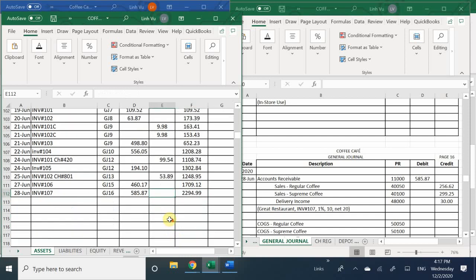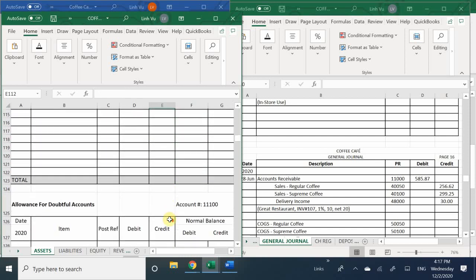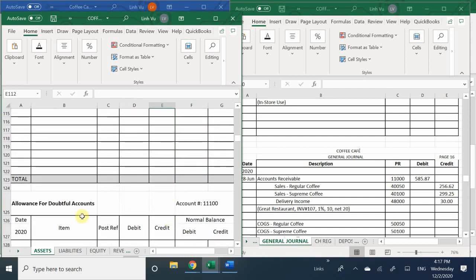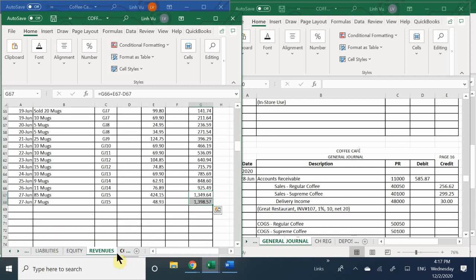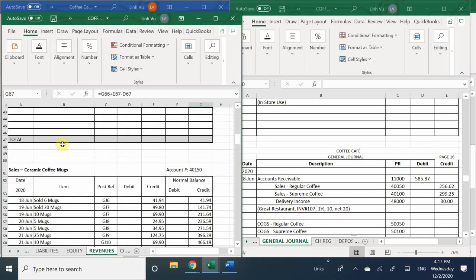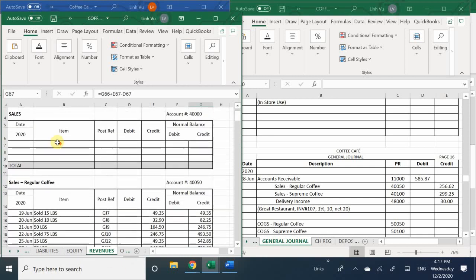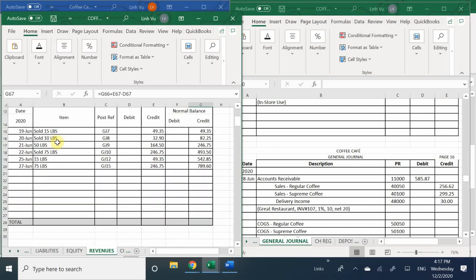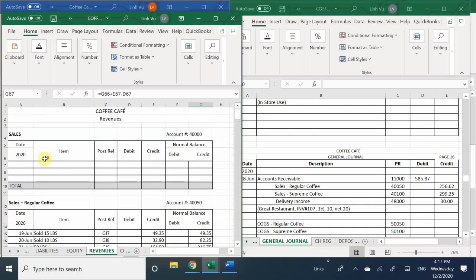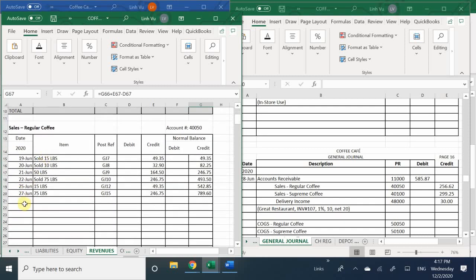Okay. Now we're going to revenues. And that is your regular coffee. Where are you? Second one at the top. There it is. 628, and that was for 78 pounds.